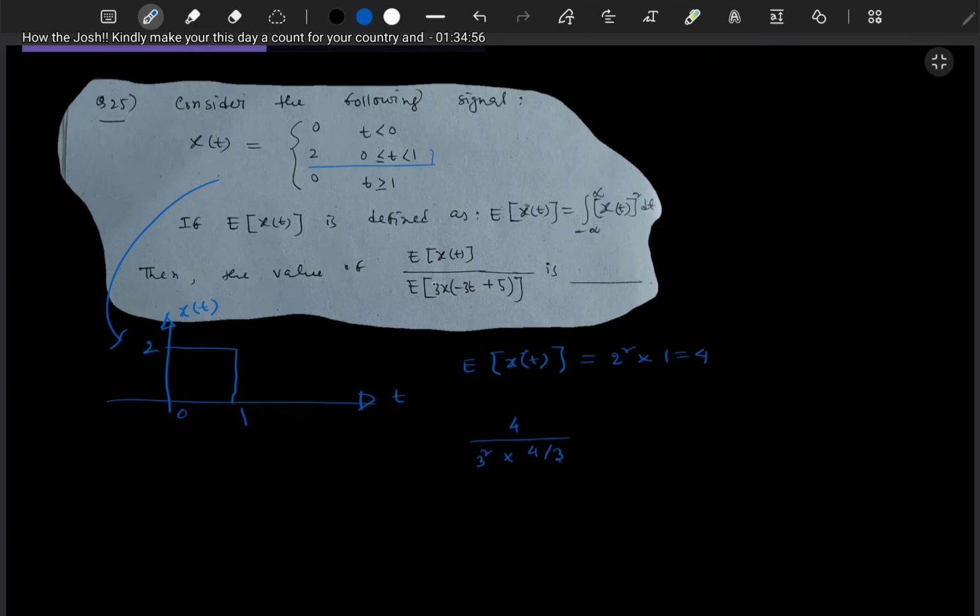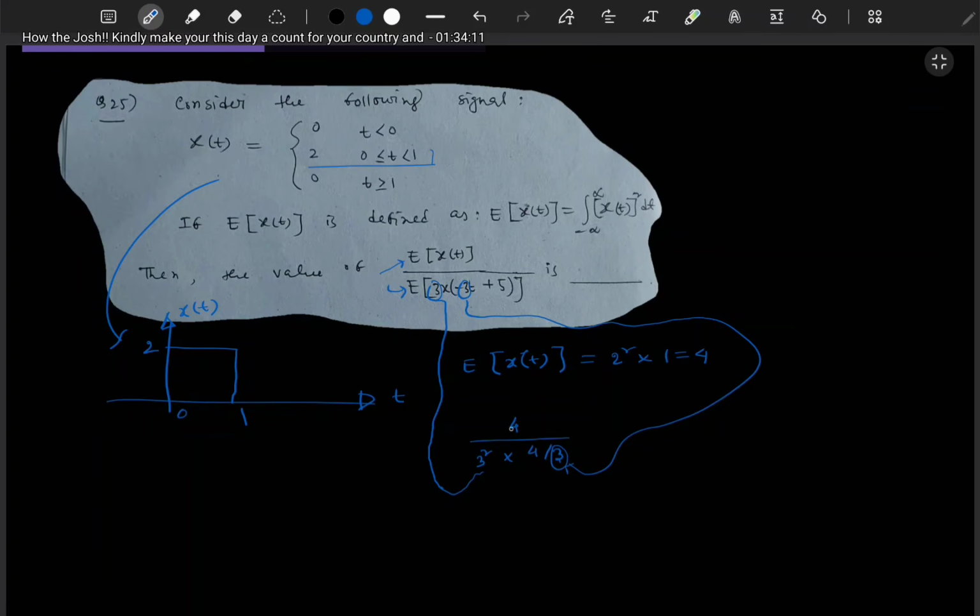Here this 3 is coming. This is responsible for this, and this 3 is responsible for this one. See, we are just scaling. Some scaling operation we are doing on top of this x here.